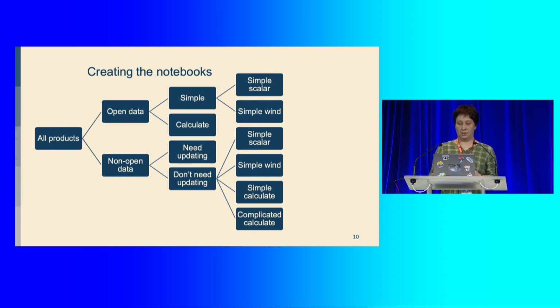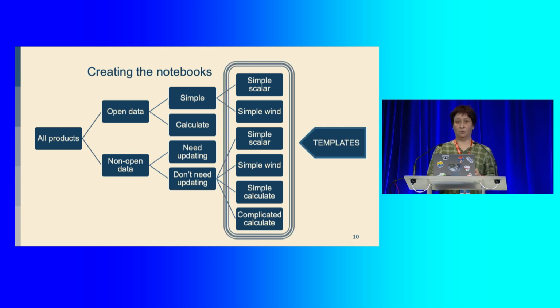I had to first categorize all the products: can they be reproduced using open data, or is some of the data that is used there not open? Then I divide them: are they very simple, or do they need some calculating? Are they those that need updating or don't? And in the end, are they scalar or vector, what should we use to visualize them?